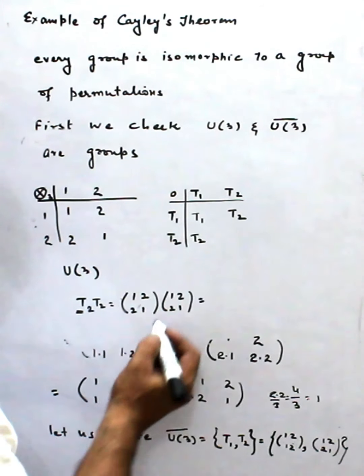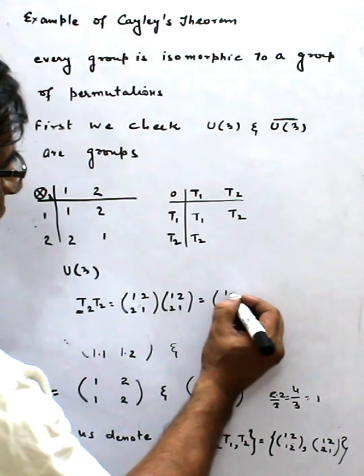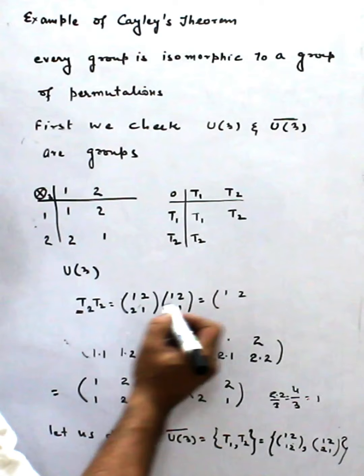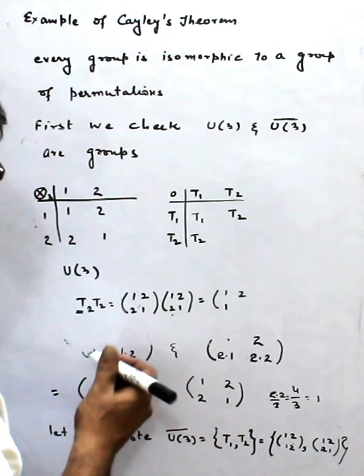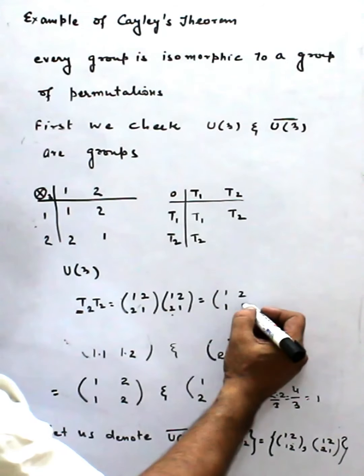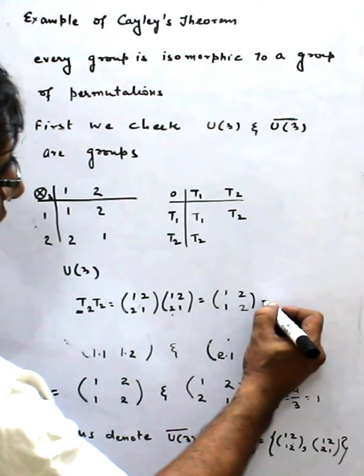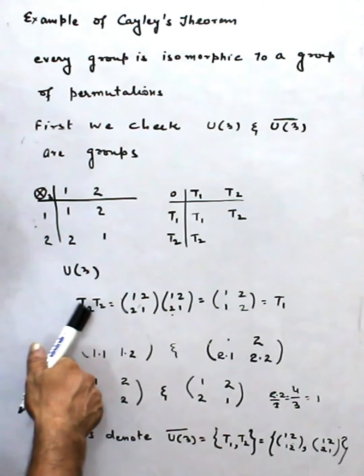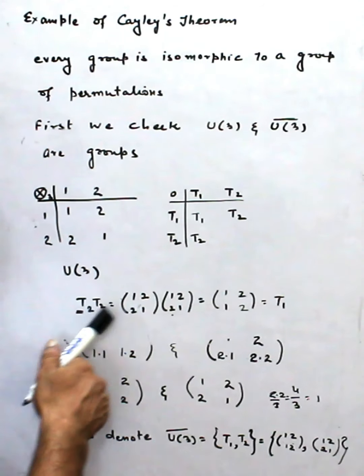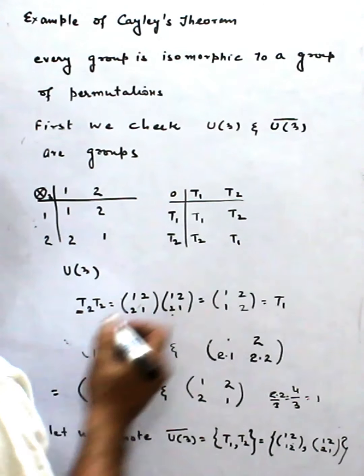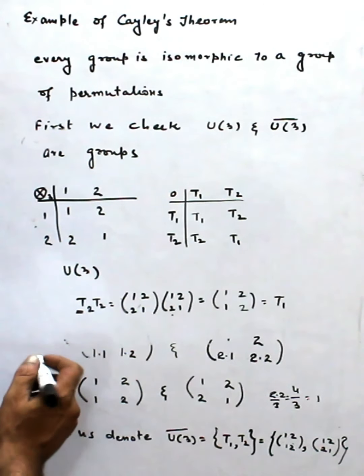So simply we can check: 1 goes to 2, 2 goes to 1, this is 1, and 2 goes to 1, 1 goes to 2. So this is equal to T1. That means T2 and T2 produce T1.